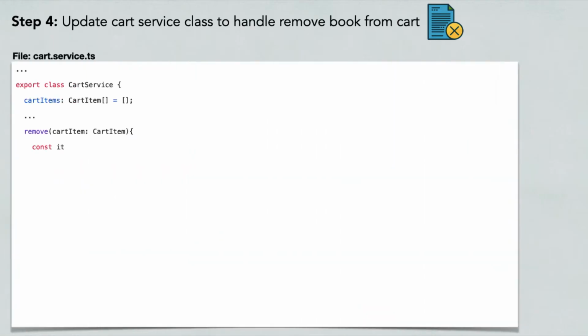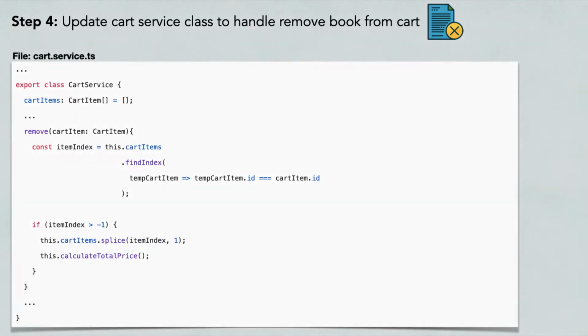And the fourth step is to update the cart service class to handle removing a book from the cart. So within the cart.service.ts file, we are going to define the remove method, and to this we are going to receive the cart item. Within the remove method we are going to access the cart items, and on these cart items, we are going to call the findIndex method. This findIndex method loops through all the cart items, and each time the loop runs, the variable tempCartItem gets initialized.